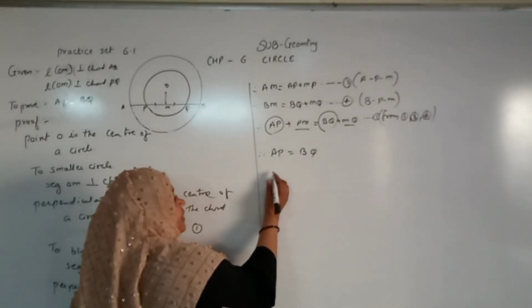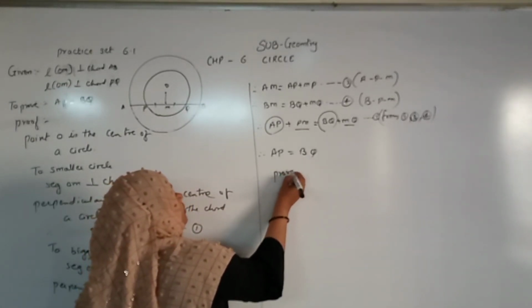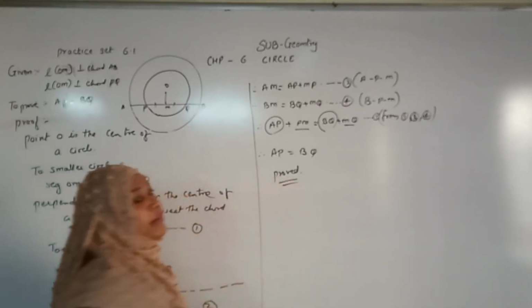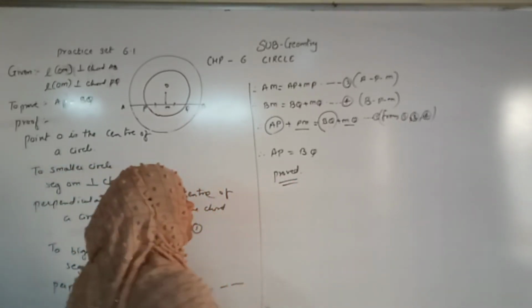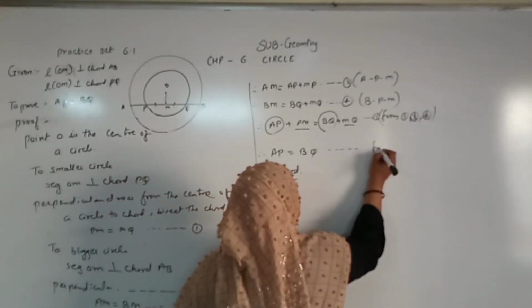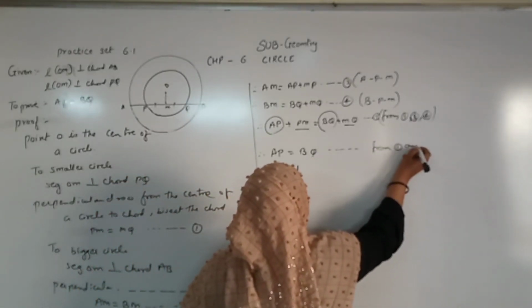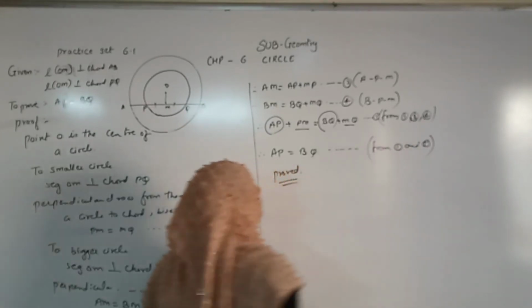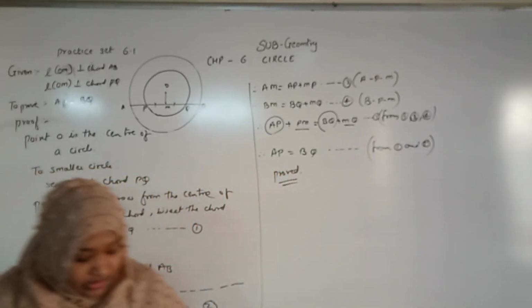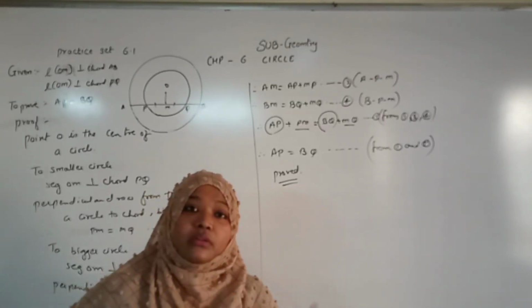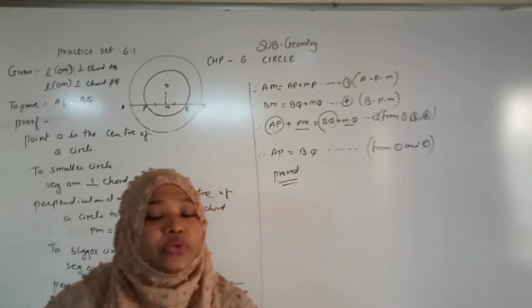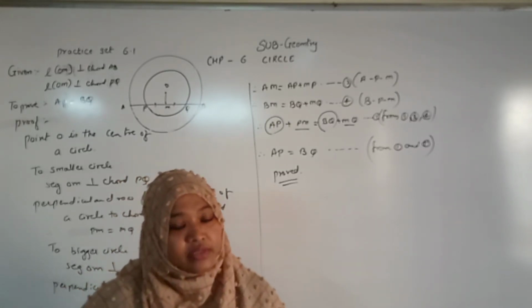Proved. ये आप लिखोगे, हमने इसको प्रूफ कर दिया. Done. यहाँ आपको शो करना है, लिख दो from equation 1 and equation number 5 से आया. Done. तो क्वेश्चन नंबर 5 तक हमने सम्स कर लिए हैं.